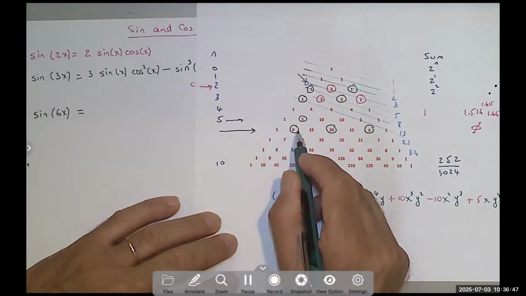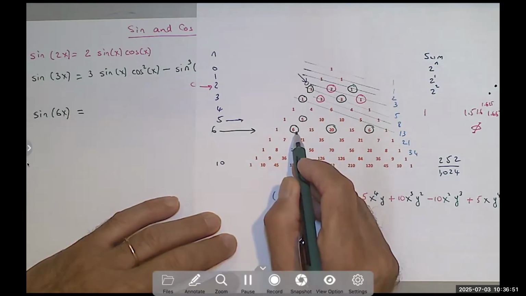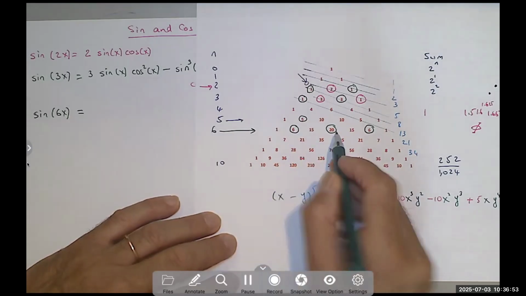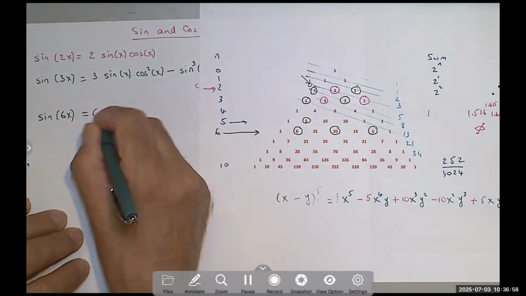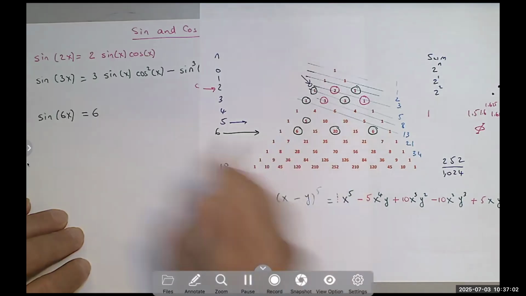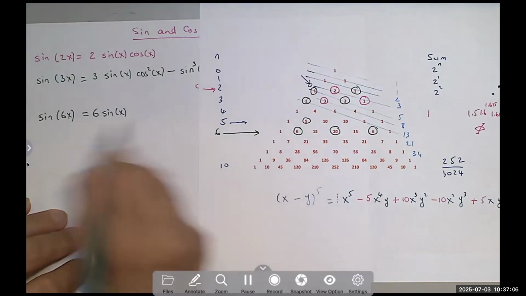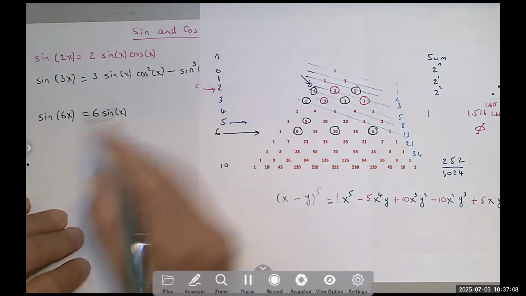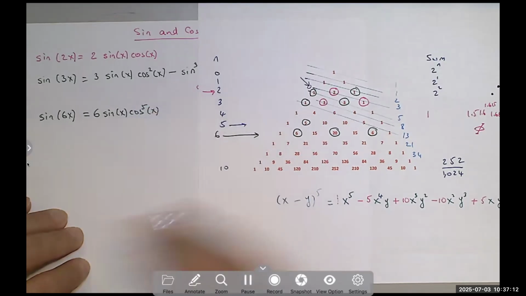This is 1 sine and 5th power for cosine: 3 and 3, 5 and 1. So I'm going to enter 6. This is sine x because this is all cosine. So sine x, but the sum of the powers has to be 6. So cosine to the 5th of x.